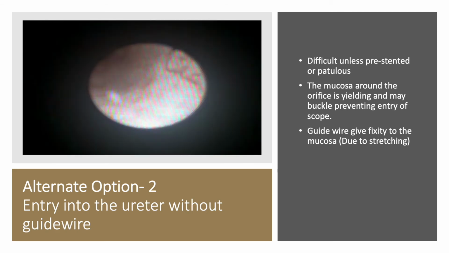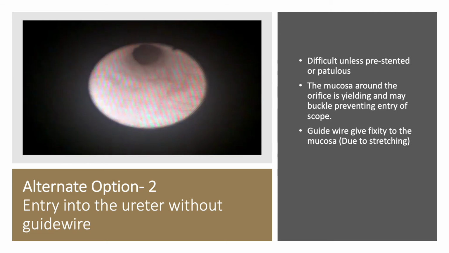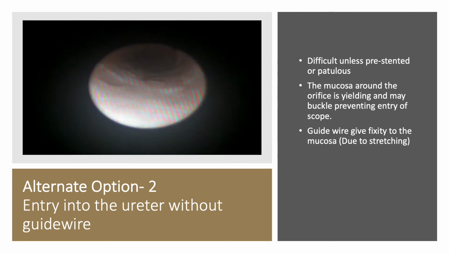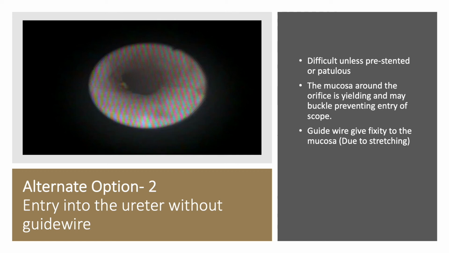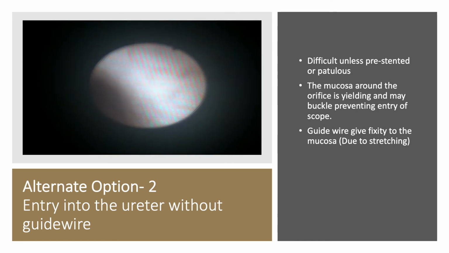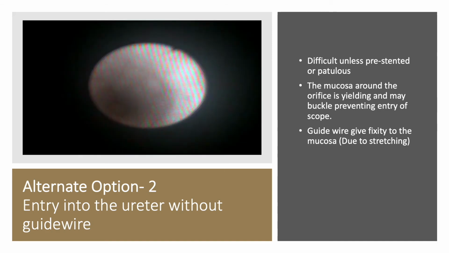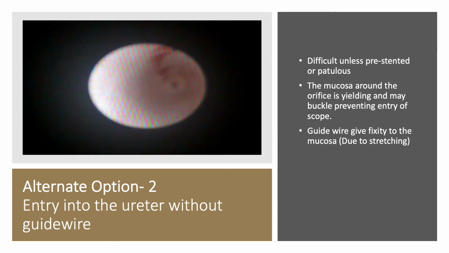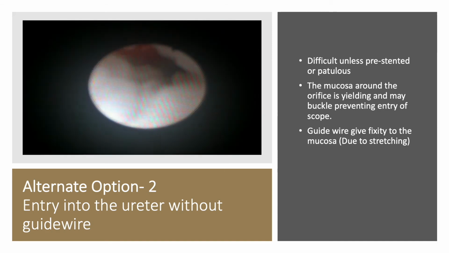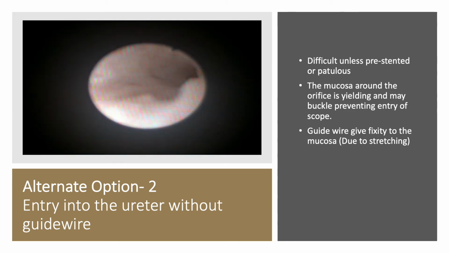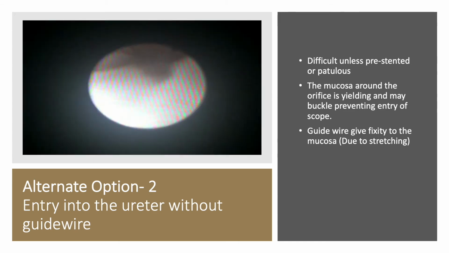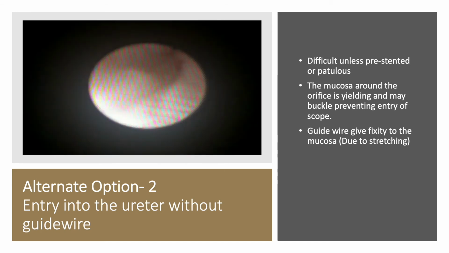Even if the ureter is dilated, we may get stuck at the ureteric orifice. Unless it is a very grossly dilated ureter, the mucosa around the orifice will yield and may buckle, preventing the entry of the scope. Passing a guide wire solves the issue since it gives fixity to the mucosa due to its stretching effect.